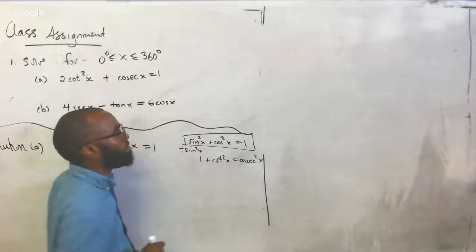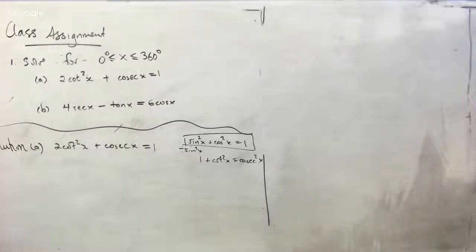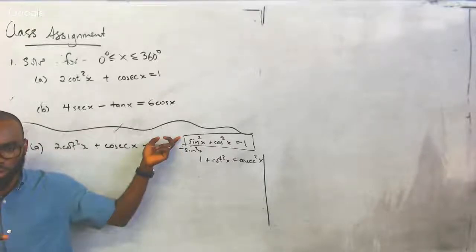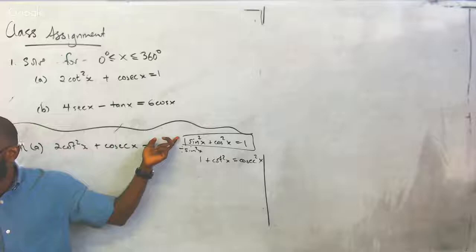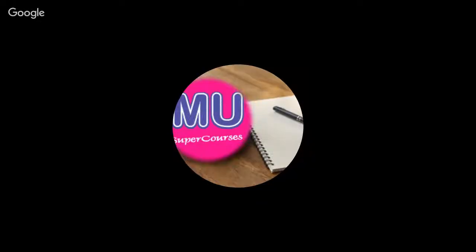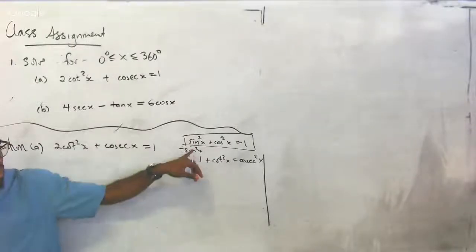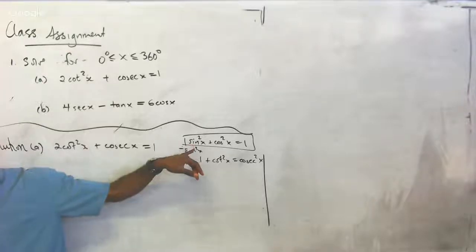That's the problem. So you have to watch the videos. How would you know to divide by sine? So I started from sine squared plus cosine squared equal to 1 all the time. That's the identity that we need to know and love, right? The other two you could study as well, but sometimes that's too much to study. So I said, well, it's on the formula sheet, you can try that one.